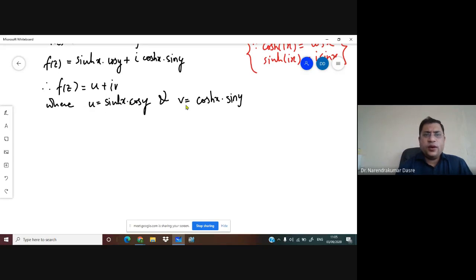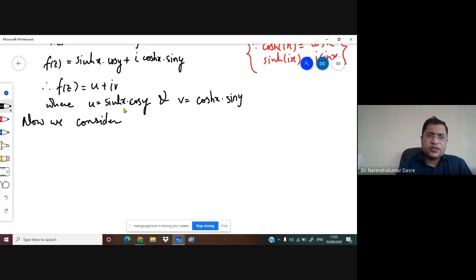Now test the necessary and sufficient condition. We consider the derivative of these two terms with respect to x and y. So del u by del x is going to be cos hyperbolic x cos y.